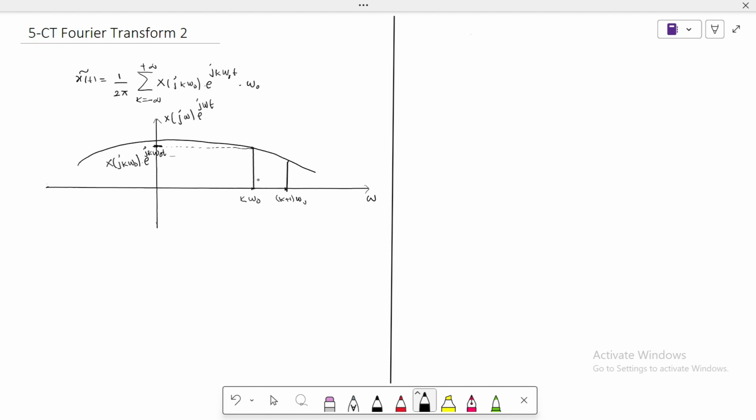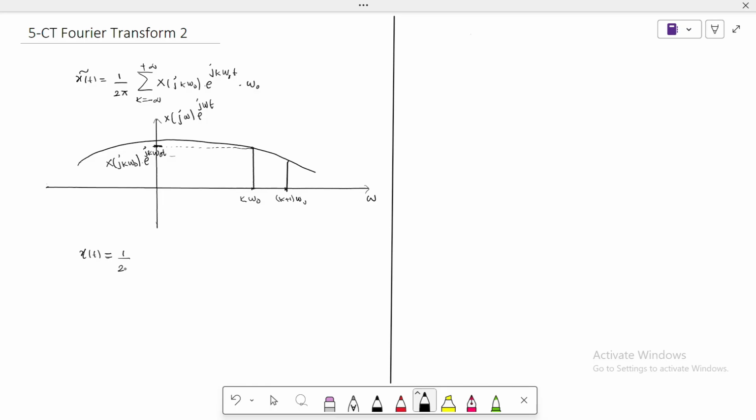If you do the integration, you will get x of t. This is the multiplication between this function and this function, and addition based on the k values. If you do the multiplication and addition for the various k values, we will get the x of t signal.